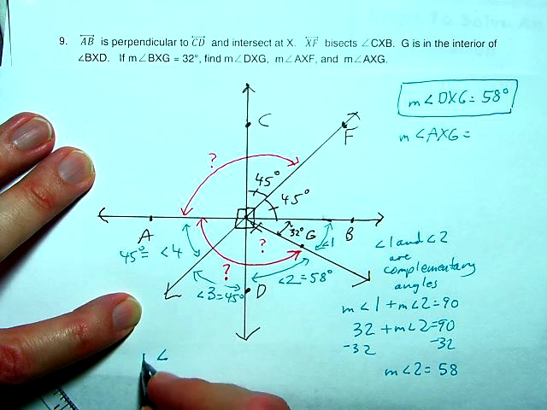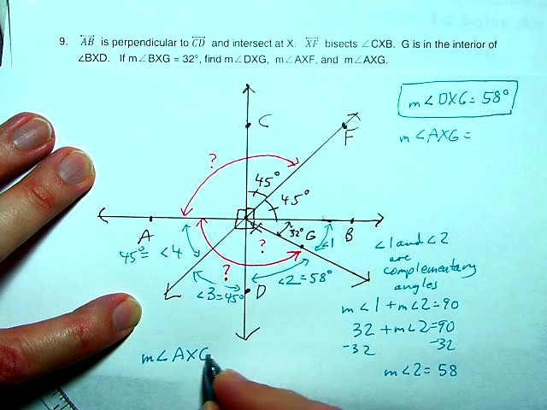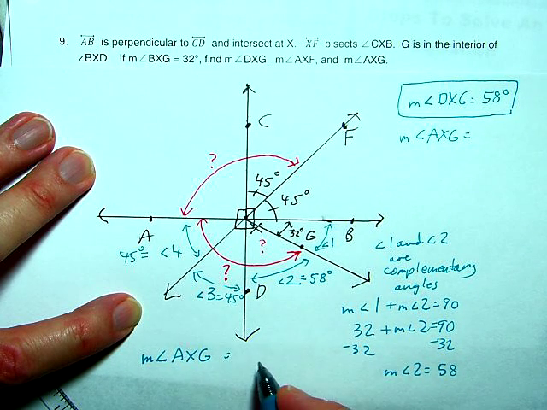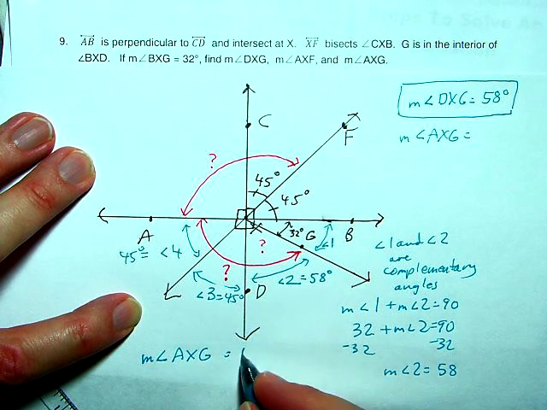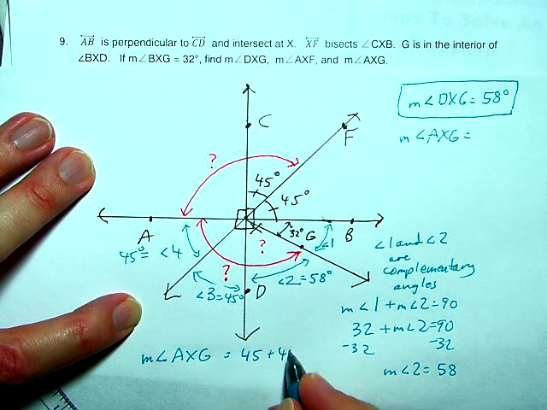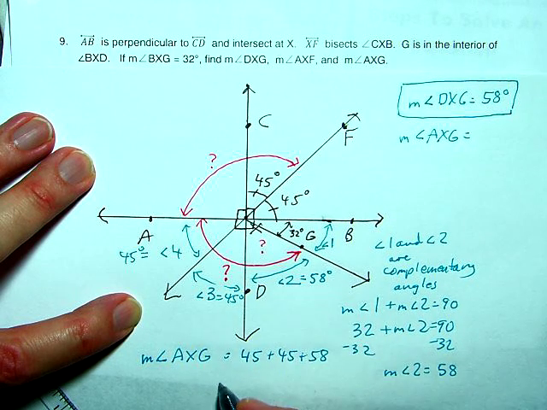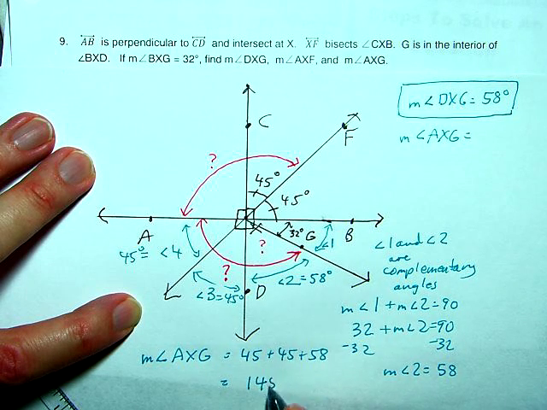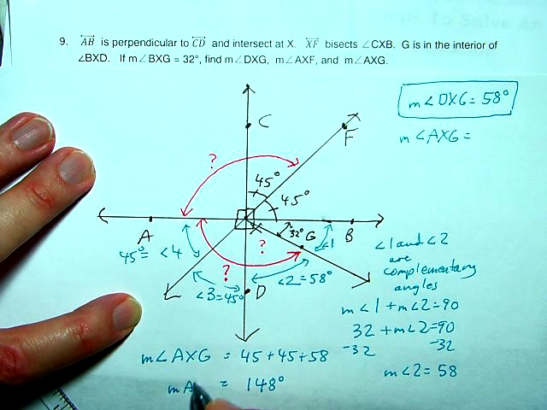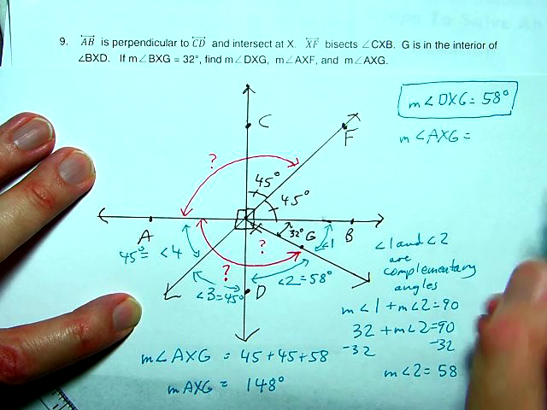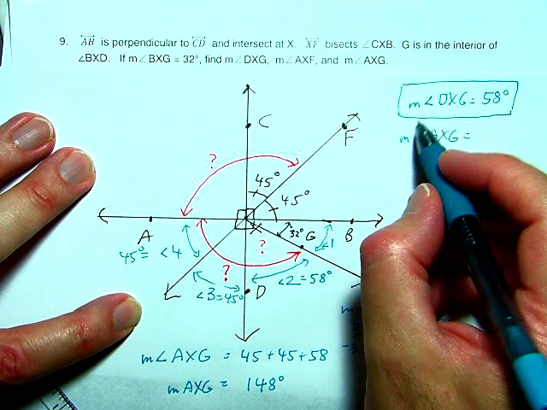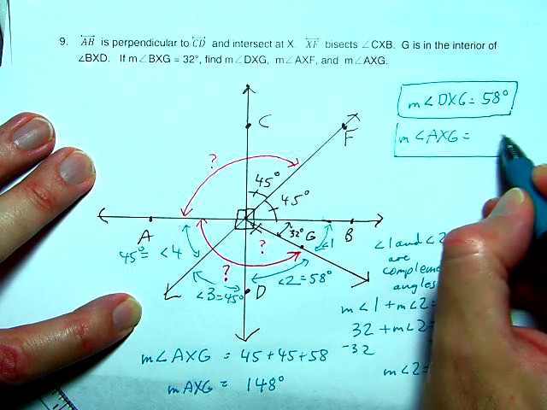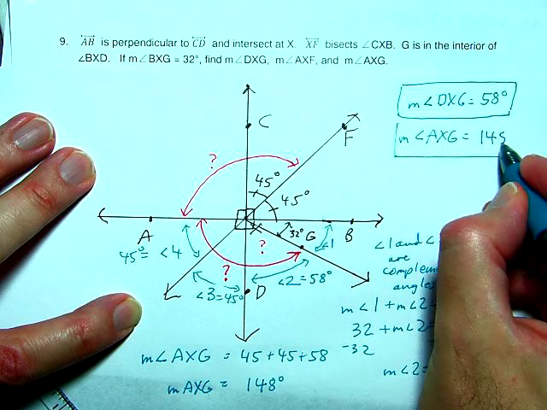So measure of angle AXG is equal to 45 plus 45 plus 58. And when you sum those up, you get 90 plus 58, which is 148 degrees. So we've got our second answer here. The measure of angle AXG is equal to 148 degrees.